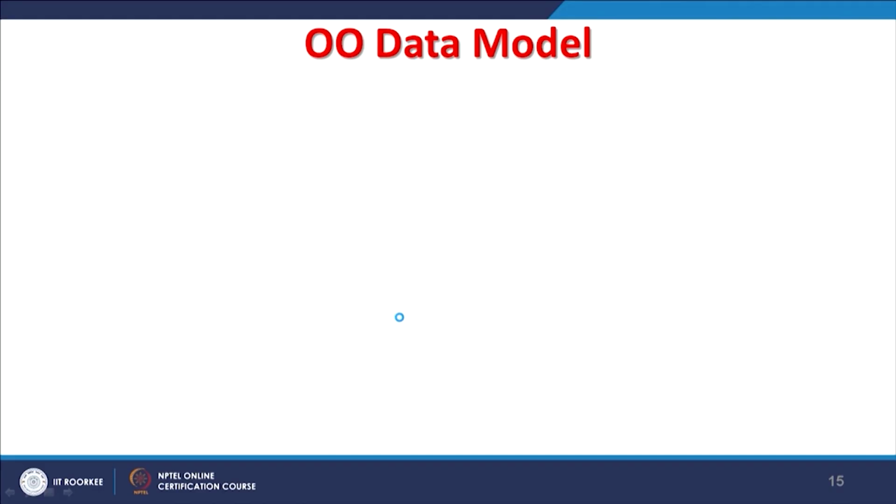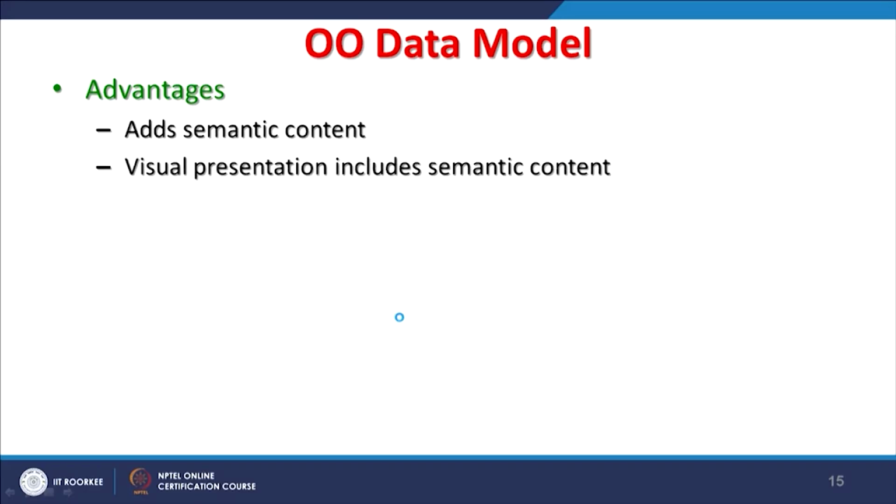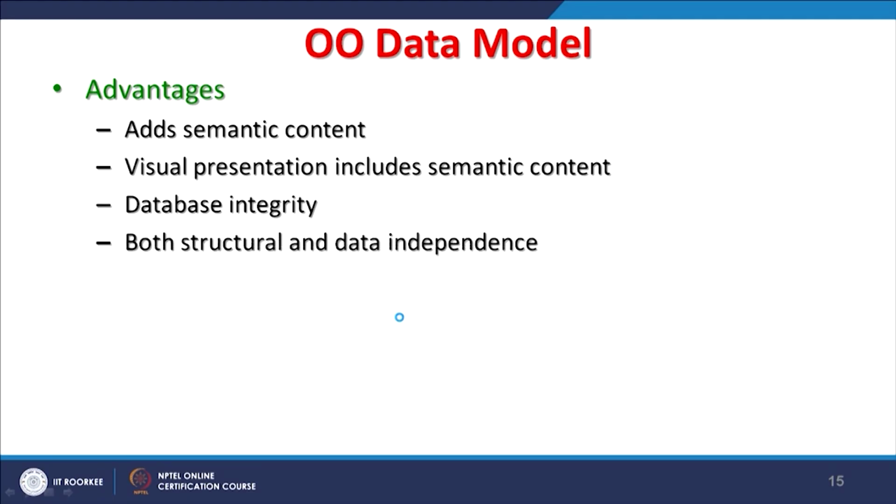The advantages of this object oriented database model are that it adds semantic content, visual representation includes semantic content, and database integrity is quite high. Both structural and data independence are also there, which is not common in the previously discussed database models.